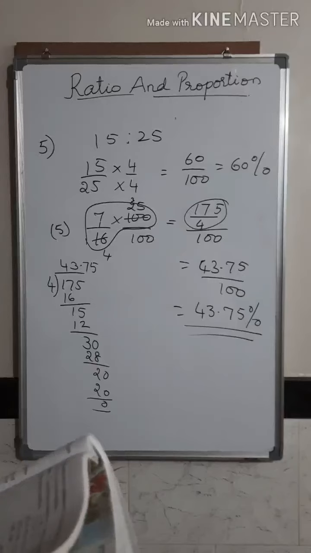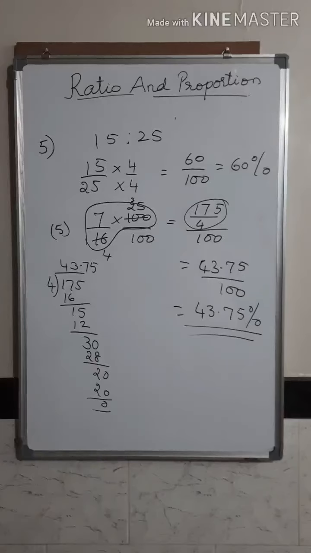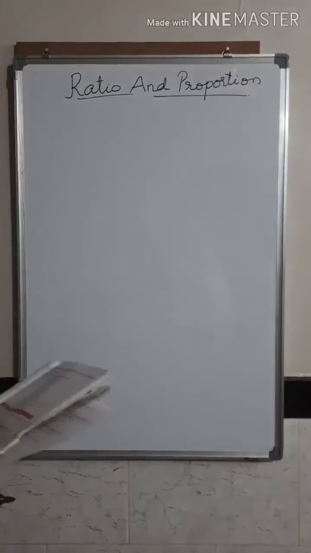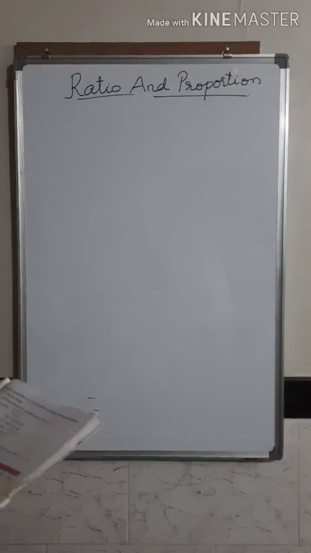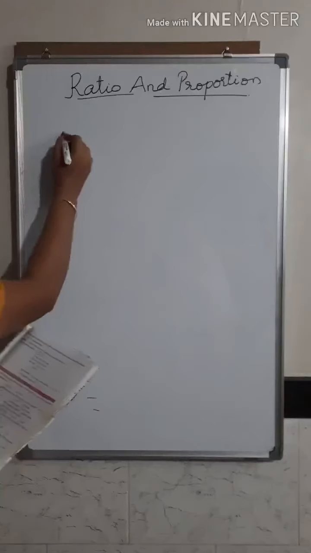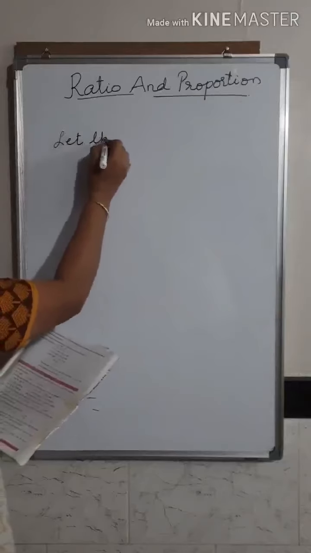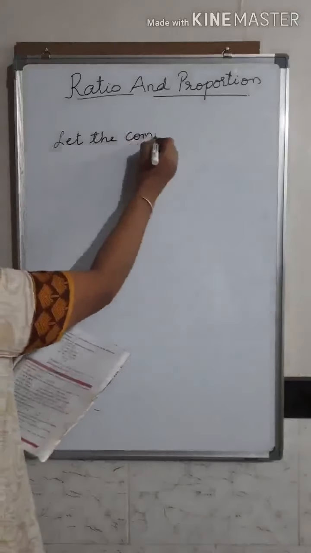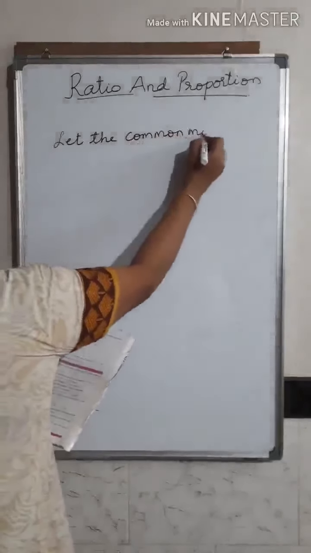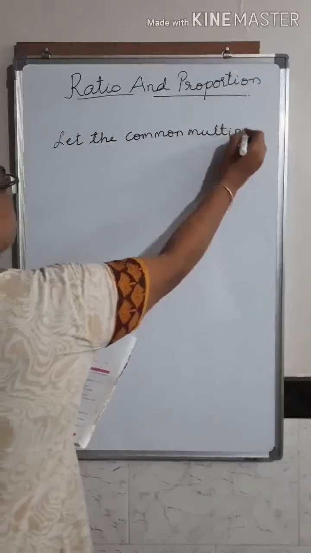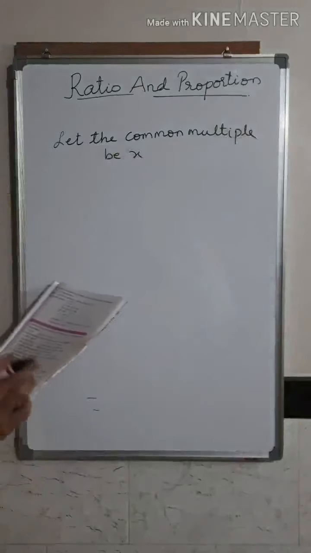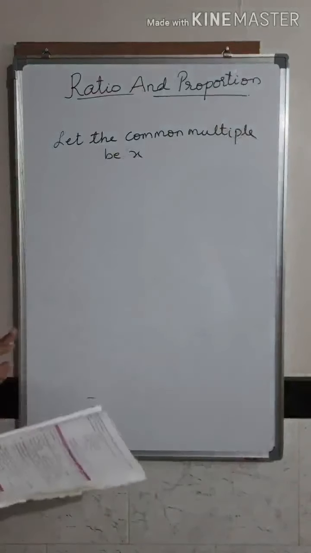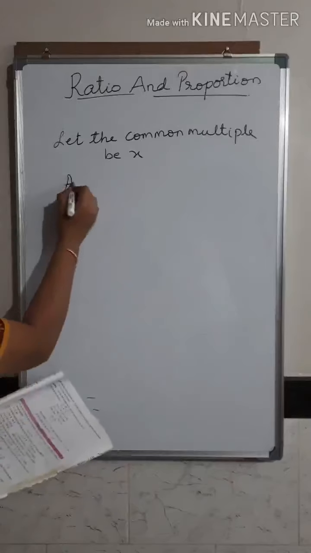The ratio of the ages of Abba and her mother is 2:5. So you have got here two ages, the ages of Abba and her mother. Whenever the ratio is given, you have to take the common multiple. So first, let the common multiple be x.